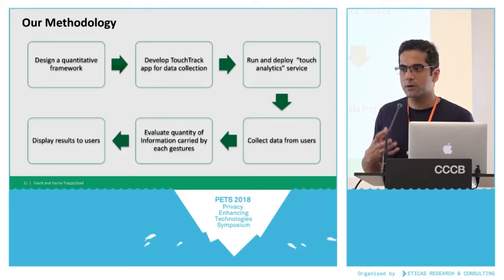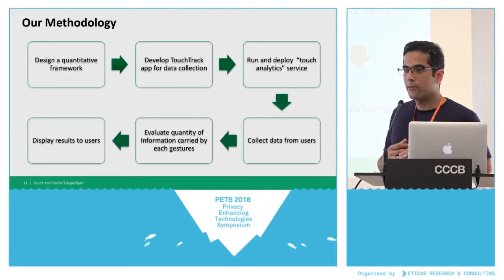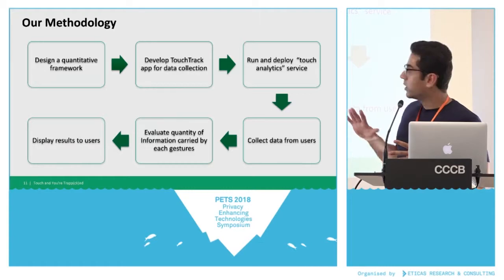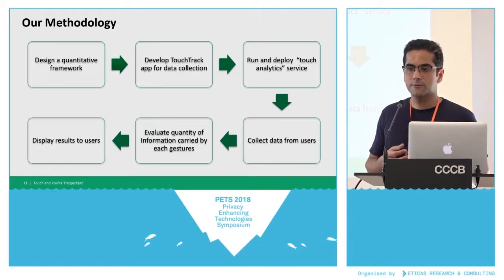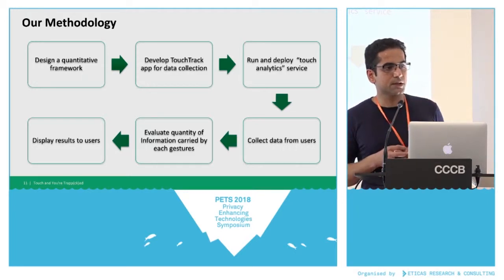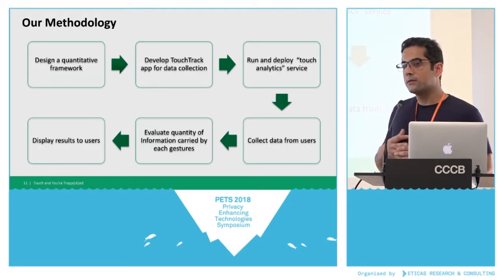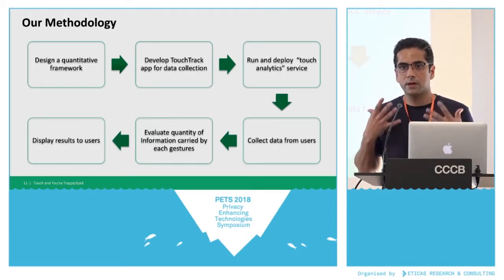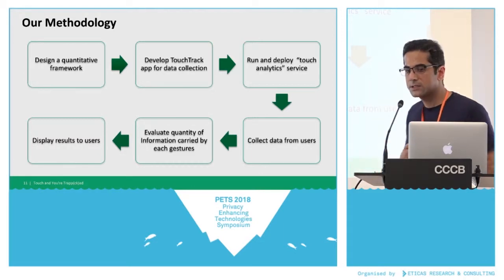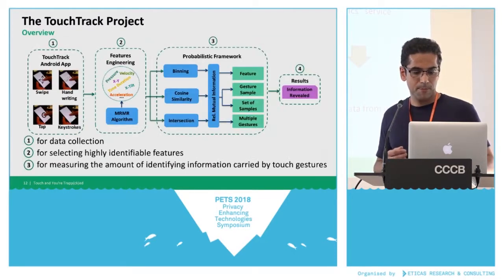We first have a methodology for quantifying information contained in gestures. We then developed a special-purpose app called Touch Track to collect data from users, which runs a touch analytics service in the background using the quantification methodology. We then collect data from users, evaluate the quantity of information contained in these gestures, and finally display these results to the users.